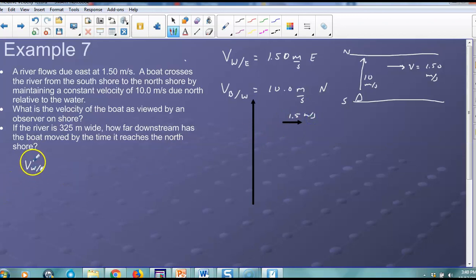That velocity is important because it's sweeping the boat downstream. However, if it's just sweeping down the middle of the stream, it's never going to make it across the river.